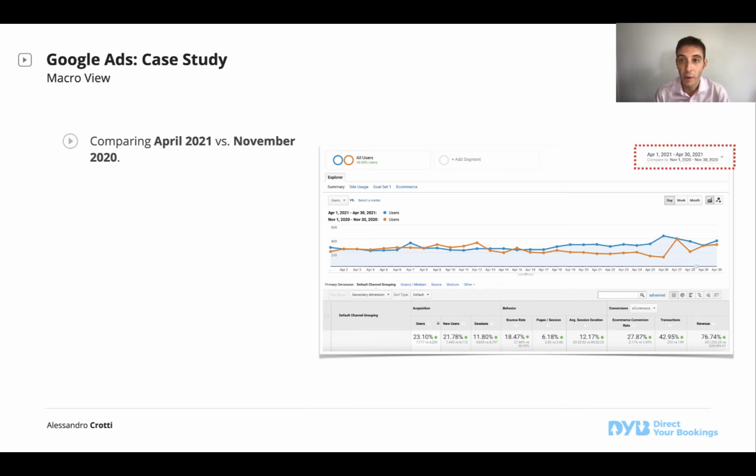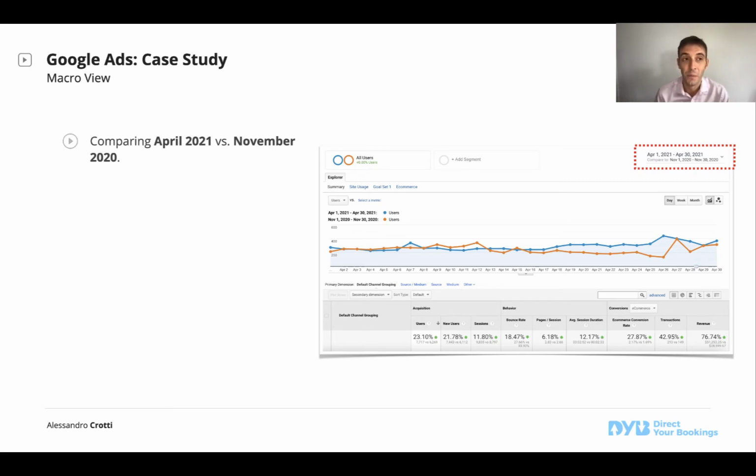So I took the month of April, which was mentioned in the email, and compared it with, for example, November, which was kind of an apples-to-apples comparison period. Listening to what this client was telling me, apparently in November 2020 the Google Ads campaigns were performing well. So I just took these two months and tried to compare apples to apples, to see what the difference is.